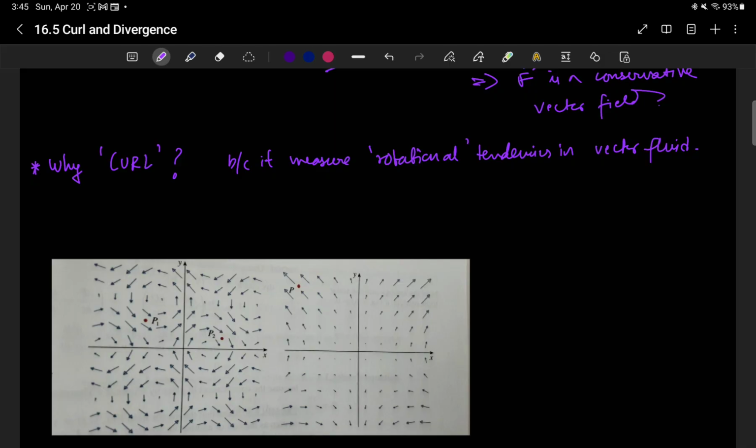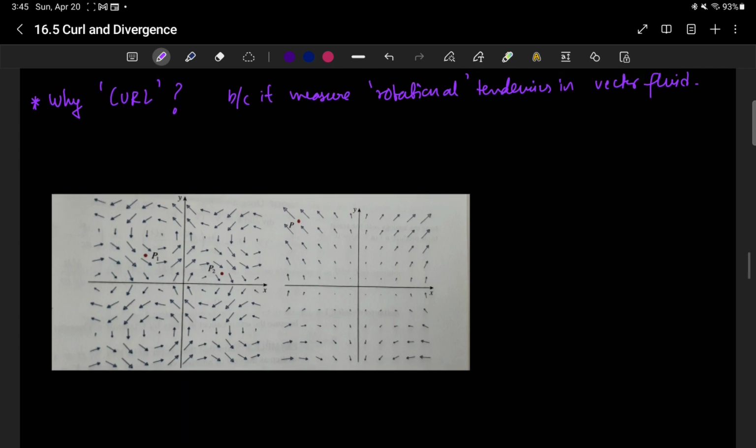When something doesn't have rotation or the curl is 0, then it's also called being irrotational, which is a physics term. So, for example, if you look at these two fields, there's some clear distinction between what's going on here. If you look at the field on the left, there is some sort of circular motion. There are little eddies being formed over here.